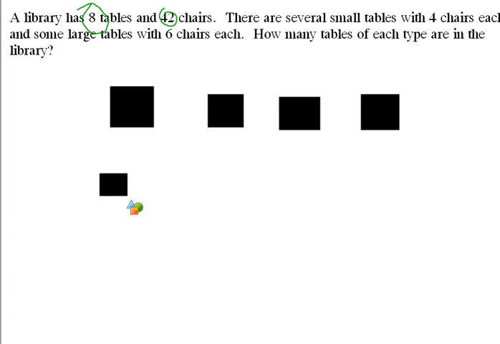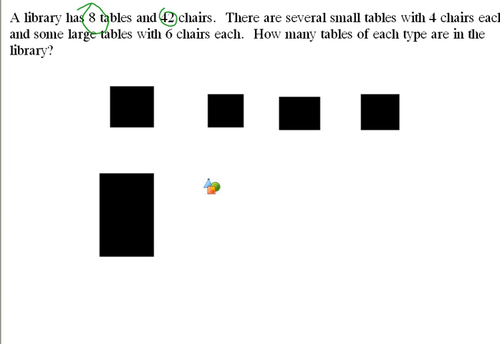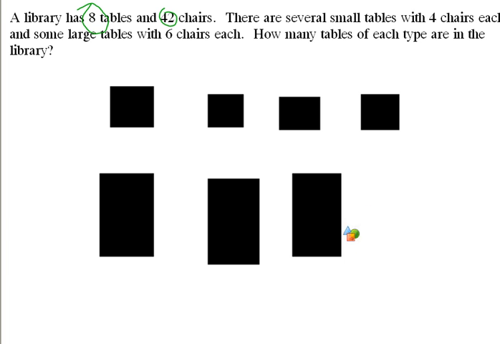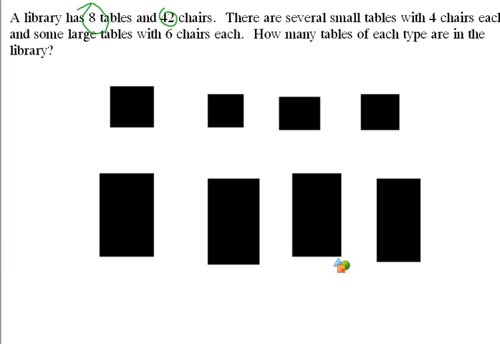Then we have the large tables. 1 large table, 2 large tables, 3 large tables, and 4 large tables. Okay, so if that was the case, 4, 8, 12, 16. So we'd end up with a total of 16 over here.